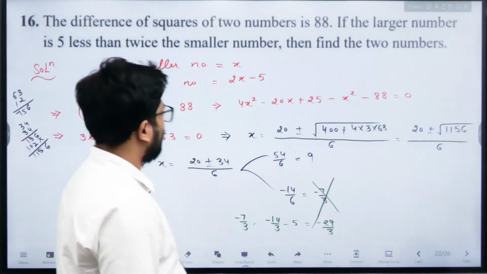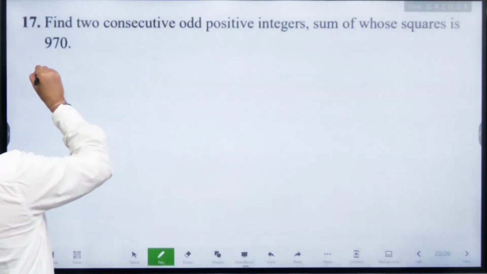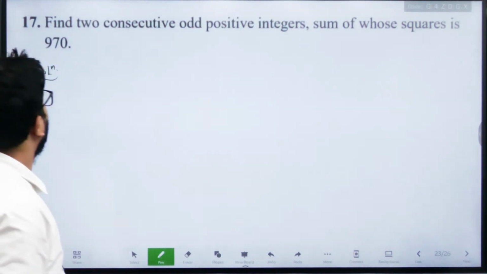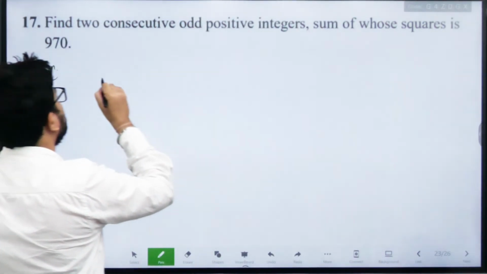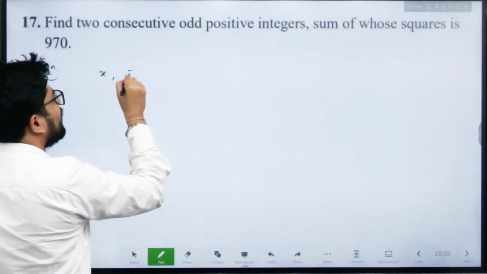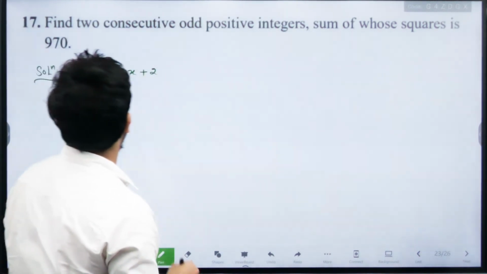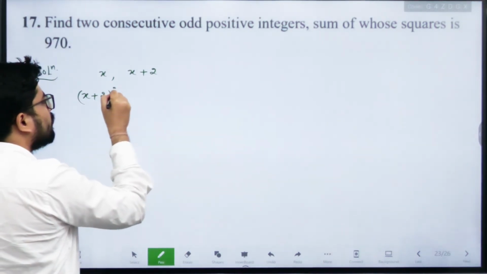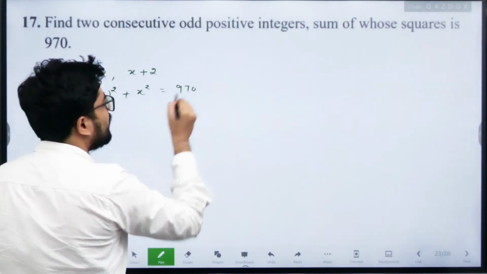Got it? Now let's do the next one. Find the two consecutive odd positive integers. Let's say one is x, so the second is x plus 2, the sum of whose squares is 970. So you can say (x plus 2) whole square plus x square is equal to 970.